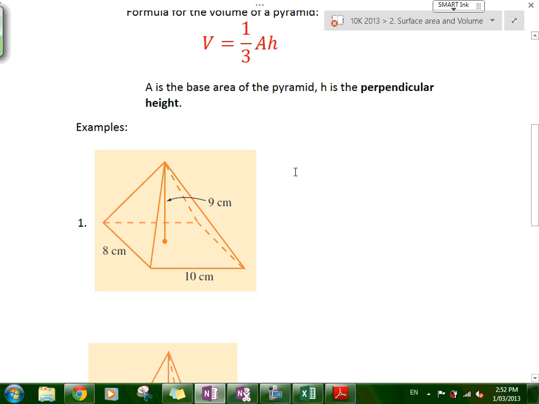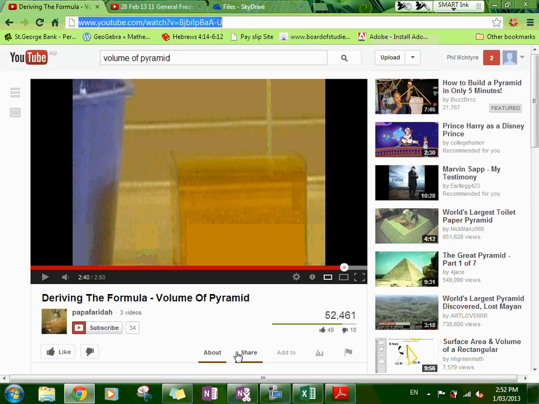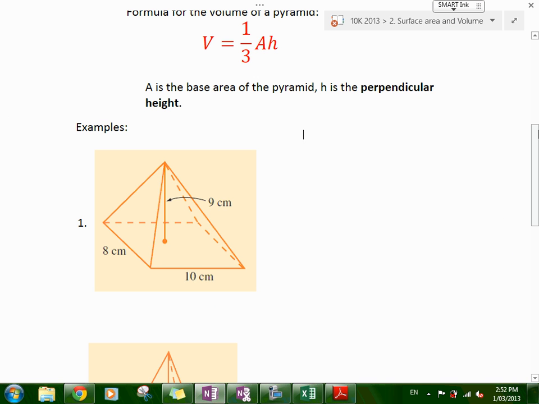V equals 1/3. How do I find the area of the base here?